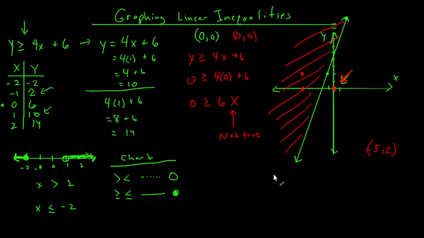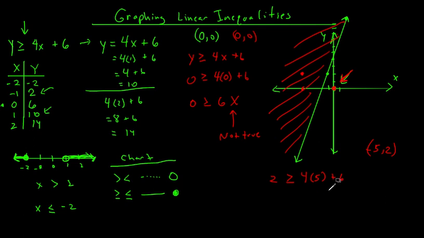Let me go ahead and plug it in. So we have -5, 2. So we have 2 is greater than or equal to 4 times -5 plus 6. I'm sorry, 4 times -5 should have been -20. Let's rewind a little bit.